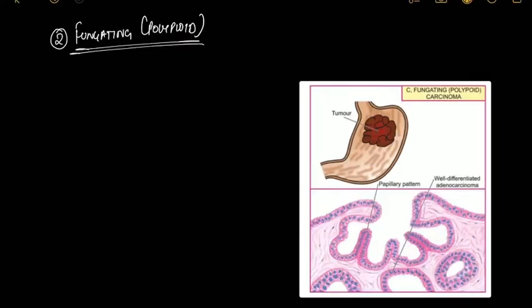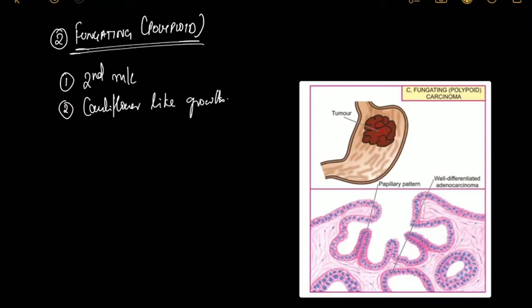So the second subtype is your fungating or polypoid subtype. Yeah, now this is the second most common pattern. All right, this has a cauliflower like growth appearance, all right, which projects into the lumen.